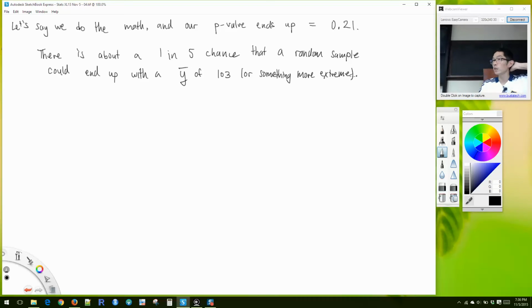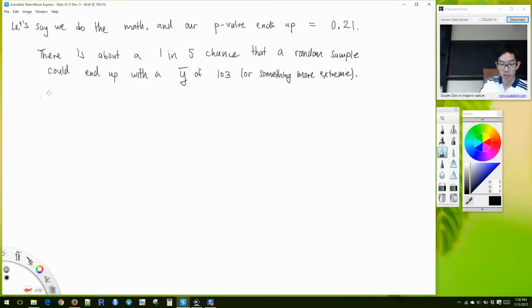So would you say this provides evidence against the notion that the mean of the population is 120, or does this not provide evidence against the notion? So let's write this. Okay.